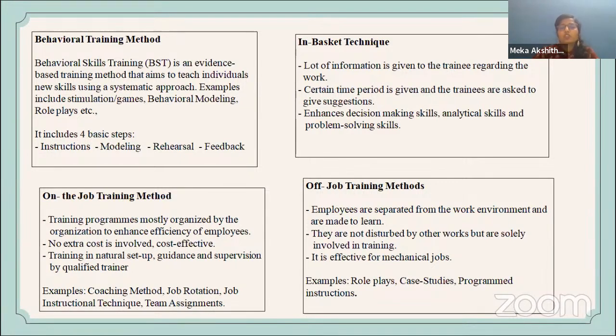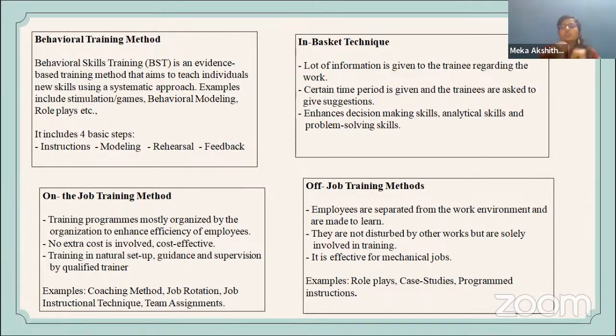Then talking about role plays, in role plays there would be two or more members in a group. They would be given a scenario wherein each of them would be given a role. For example, in our college, in our final year, in order to know whether you have learned counseling skills correctly or not, I would want to check whether you have learned all the skills related to counseling, how you would deal with the client.